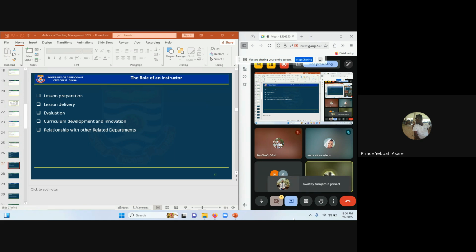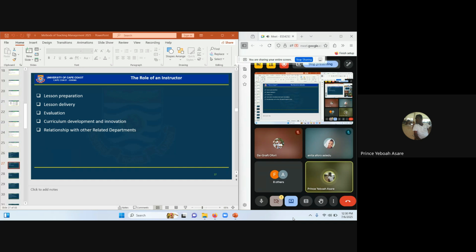It is your responsibility to ensure that your lessons are well sequenced from the simplest activity to the complex activity, because it is throughout this process that the sub competencies that are to be achieved in the content can be achieved.